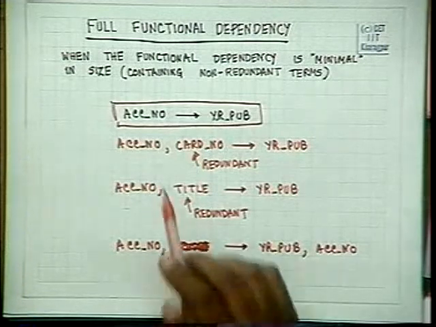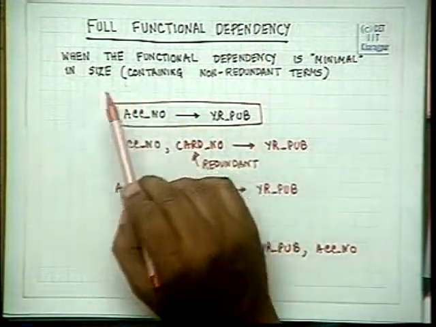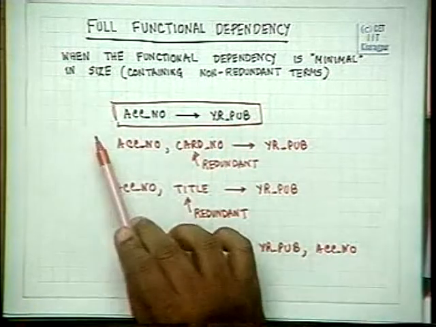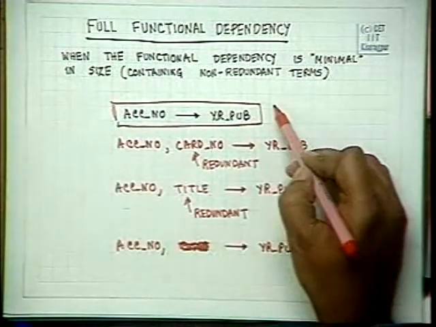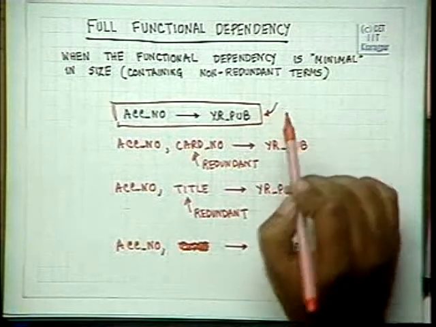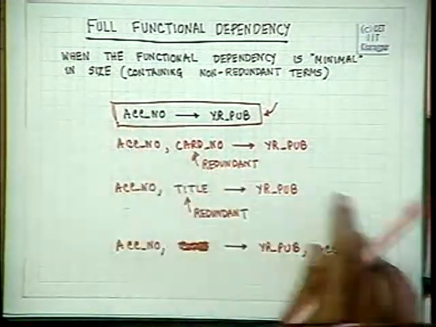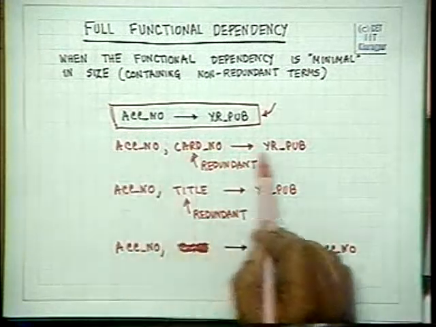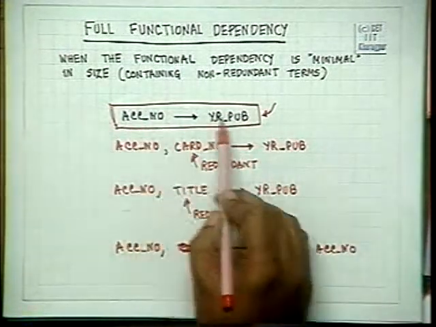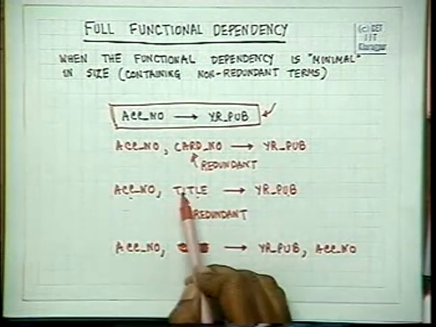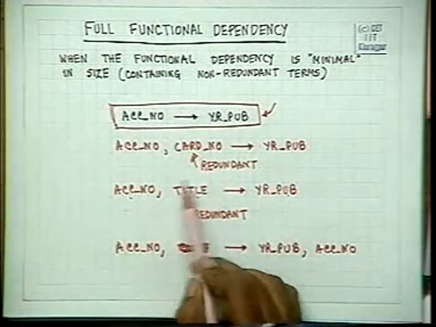So a full functional dependency is one that does not contain any redundant attributes. We will have to understand the concept of redundant attributes in two different ways. Firstly, an attribute may be redundant by itself because accession number gives year of publication. Therefore, in accession number title to year of publication, we can say title is redundant.